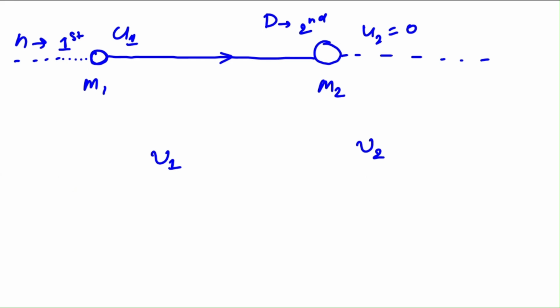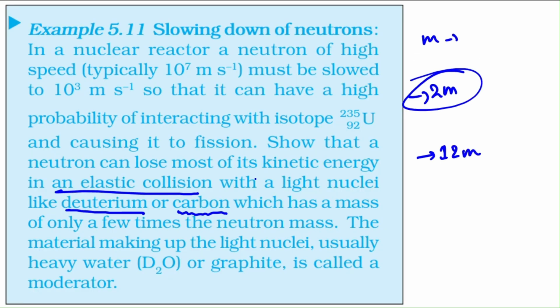Now what we have to find, let's check again. We have to show that a neutron can lose most of its kinetic energy. So let's check its initial kinetic energy and its final kinetic energy.